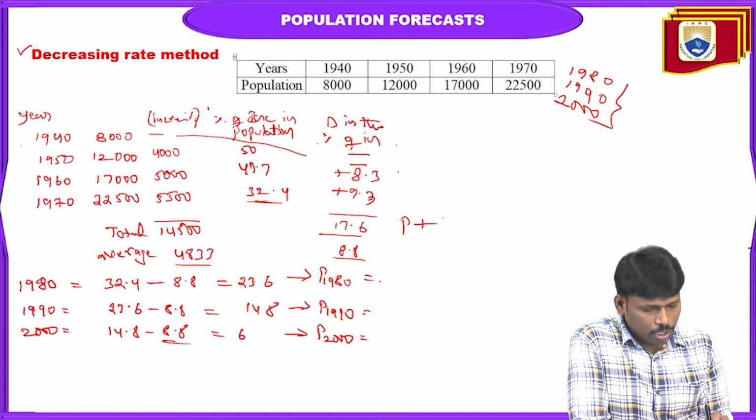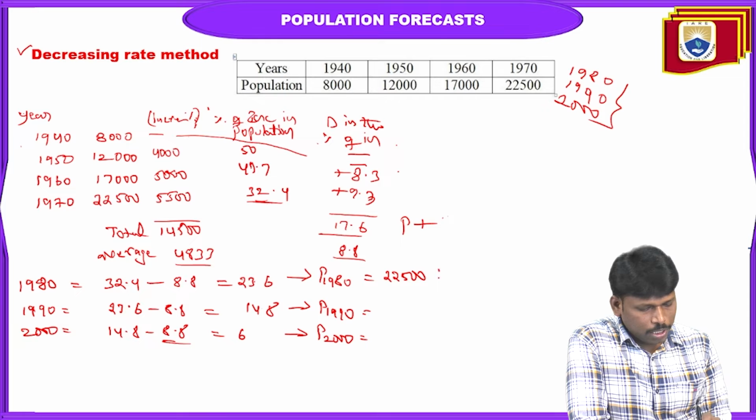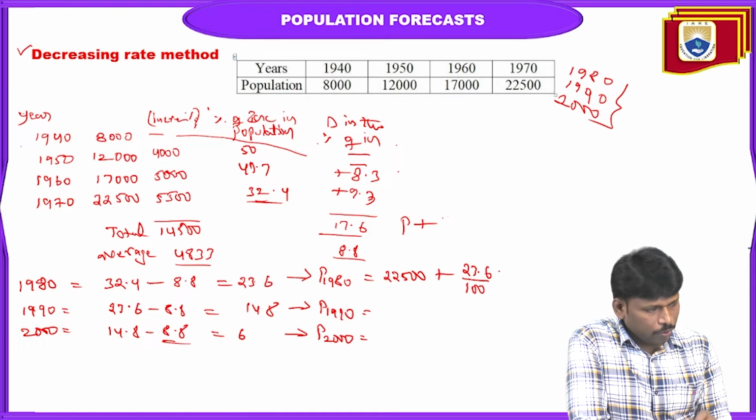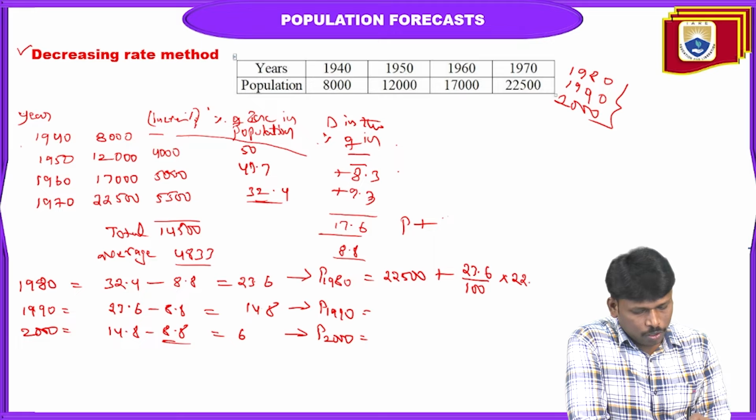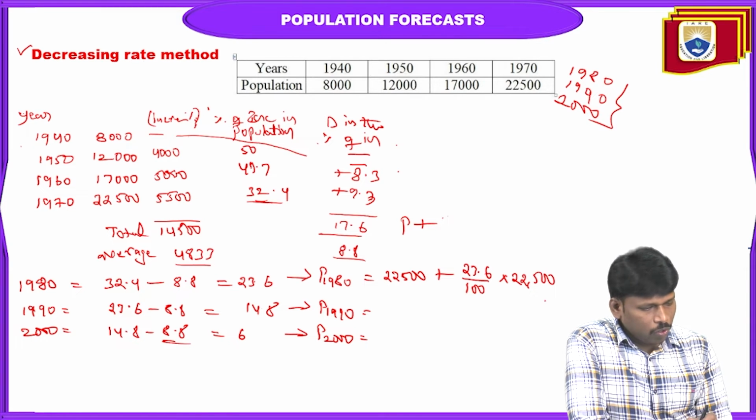I will write directly here: the population is 22,500, which corresponds to 1970, plus 23.6 divided by 100 into 22,500. So here we will get 27,000.